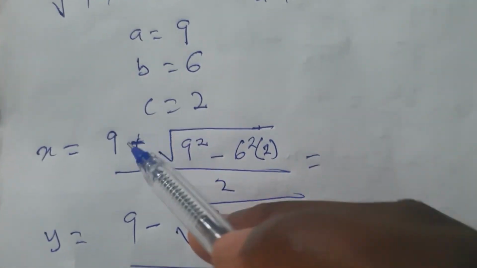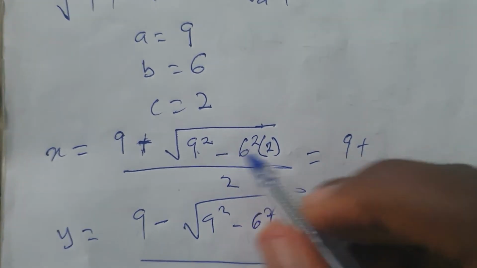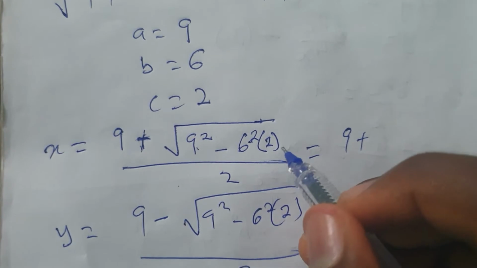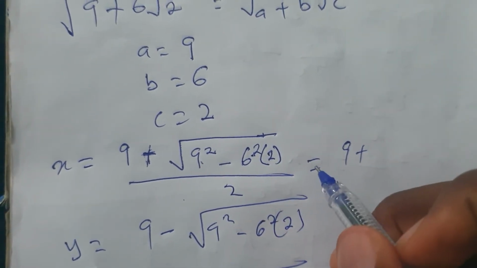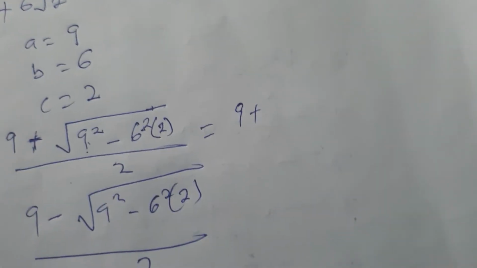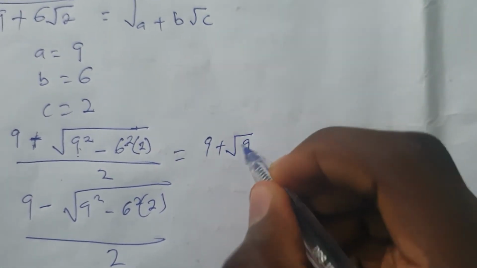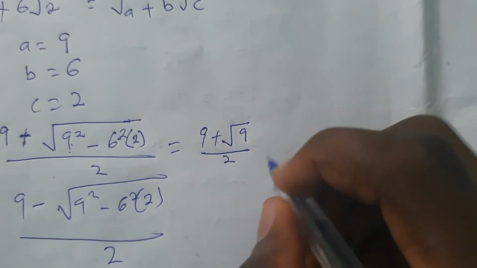Okay, so 9 squared is 81, 6 squared is 36, and 36 times 2 is 72. So 81 minus 72 is, I think, 9. Yeah, I think it's 9. So square root of 9 all over 2.